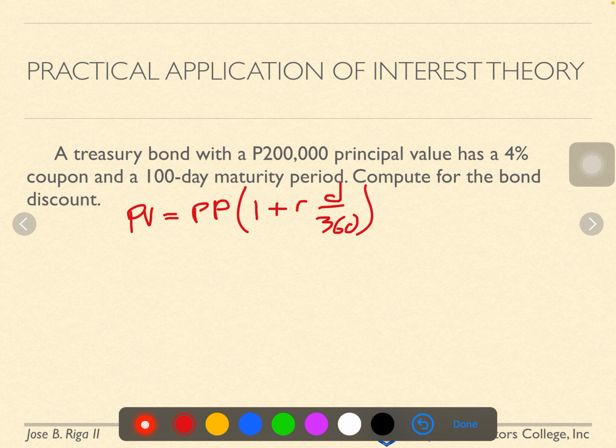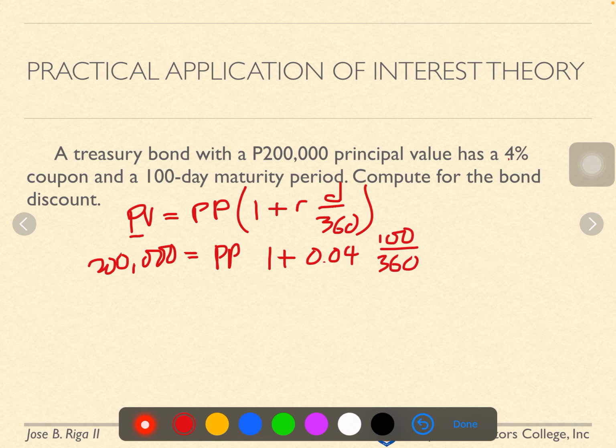Our principal will be 200,000, and this is our unknown. 1 plus the interest rate 0.04, times the number of days, 100, over 360.